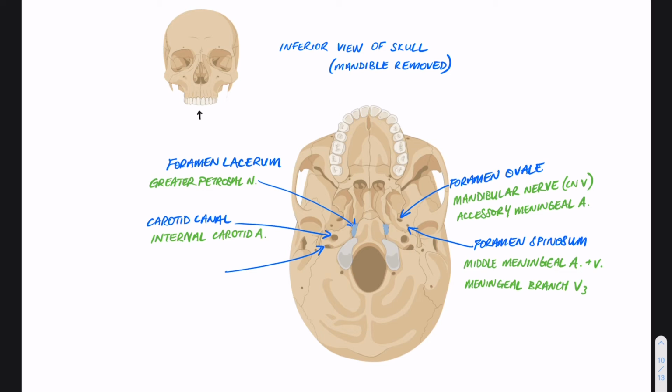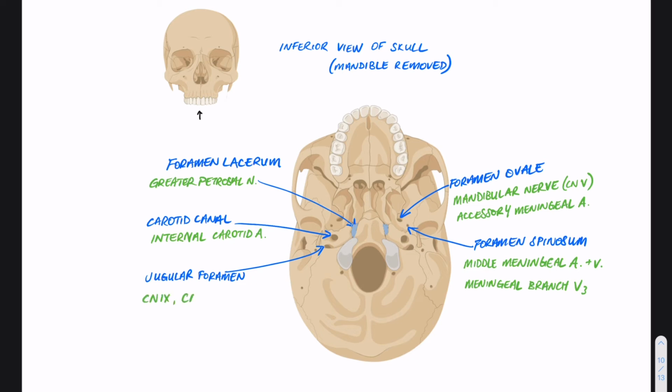It will enter the canal, then take a right angle turn medially and make its way towards the foramen lacerum, and at the foramen lacerum on the inner surface there, it will make another right angle turn and make its way superiorly to supply the brain. So the internal carotid artery supplies the brain with fresh oxygenated blood.